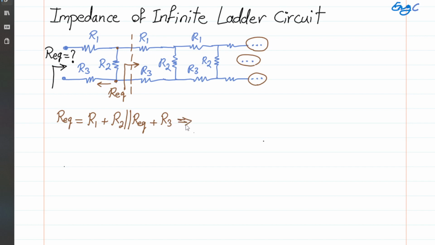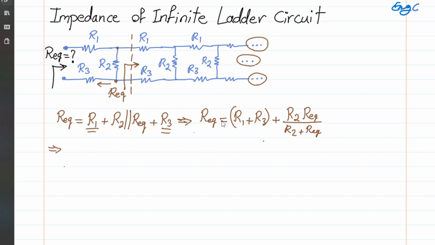So what we can write is the unknown R equivalent is equal to R1 plus R3, these two, and then for the parallel of R2 and R equivalent, we can simply write R2 times R equivalent divided by R2 plus R equivalent. From this point on, it's just reshuffling things around.